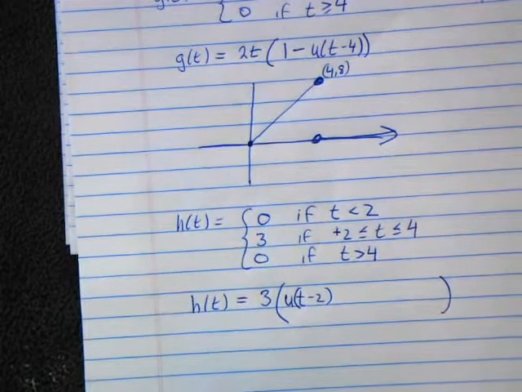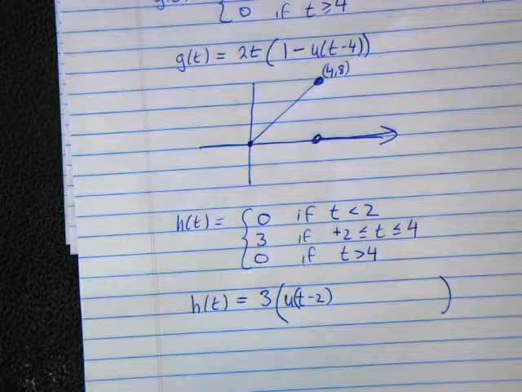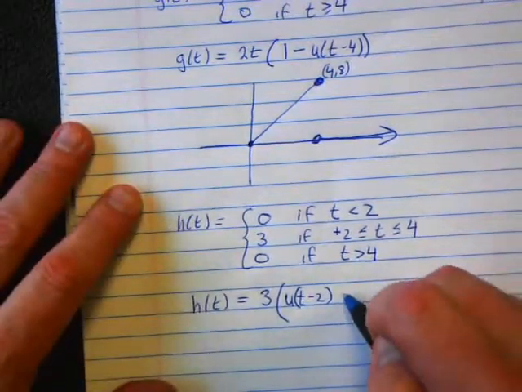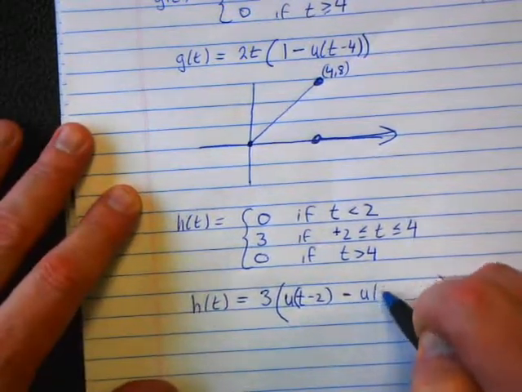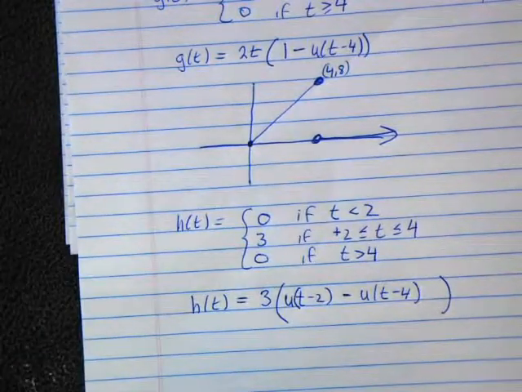And then when it's 4, we want to minus u of t minus 4. I think that's what we want.